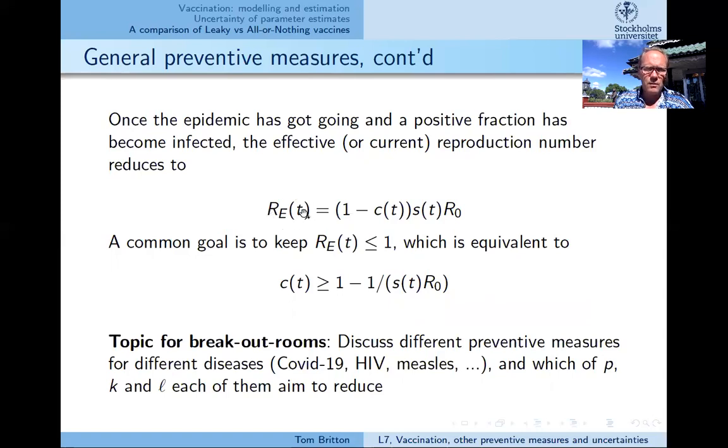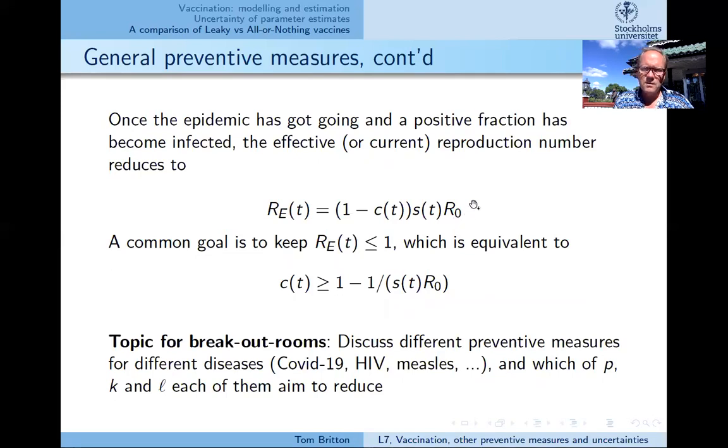I think Michael called it simply R of t. That's just as good. So it is a factor which tells how much transmission has been reduced, multiplied by what fraction are still susceptible, multiplied by R0.